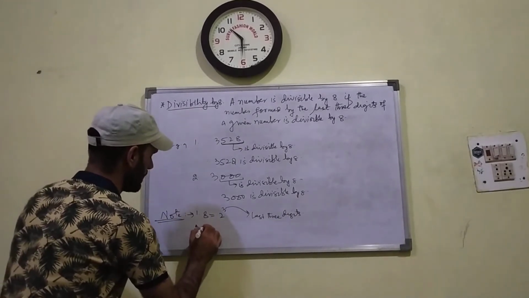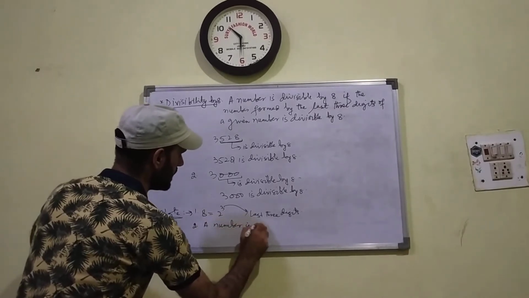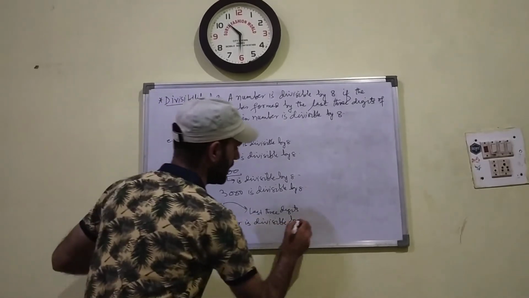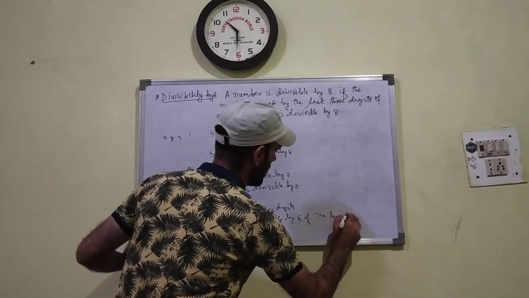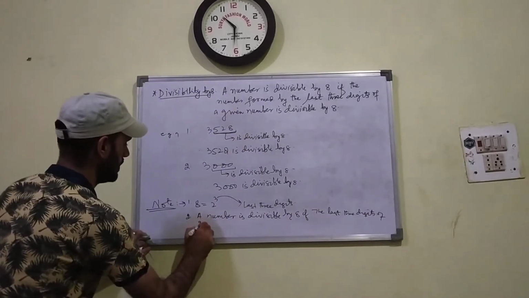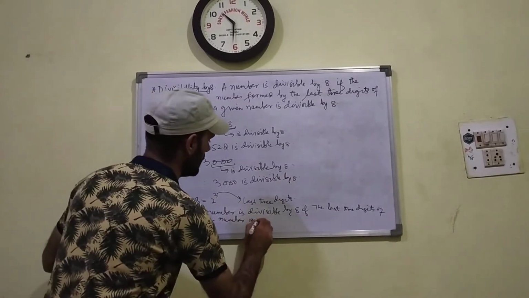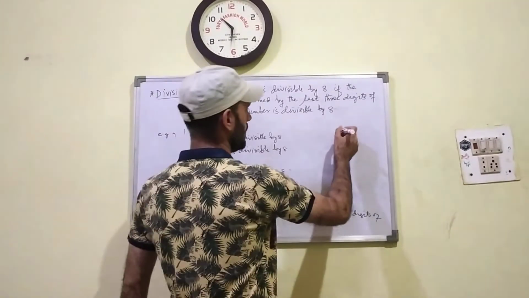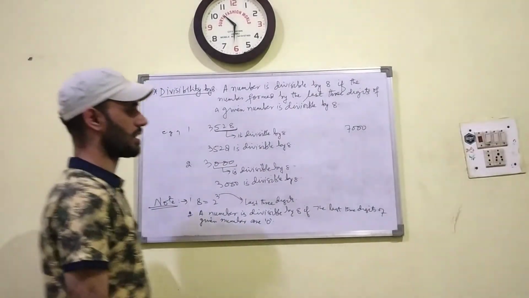Another note, a number is divisible by 8 if the last three digits of a given number are 0. It is just like this 3000. We can also take 7000. Let's check, is this divisible by 8 or not?